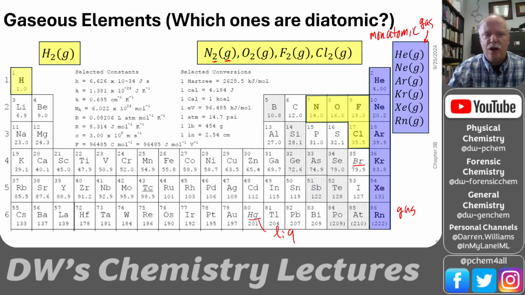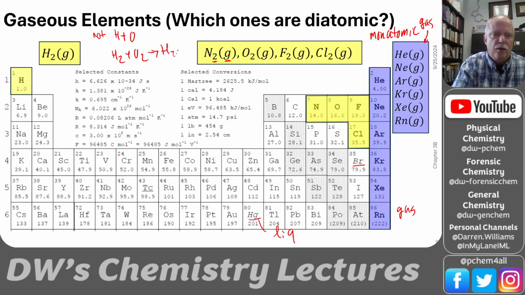If you're looking at a problem and it says hydrogen and oxygen get together to form water, you know that hydrogen is H2 and oxygen is O2. So it's not H plus O, it's H2 plus O2 form water.